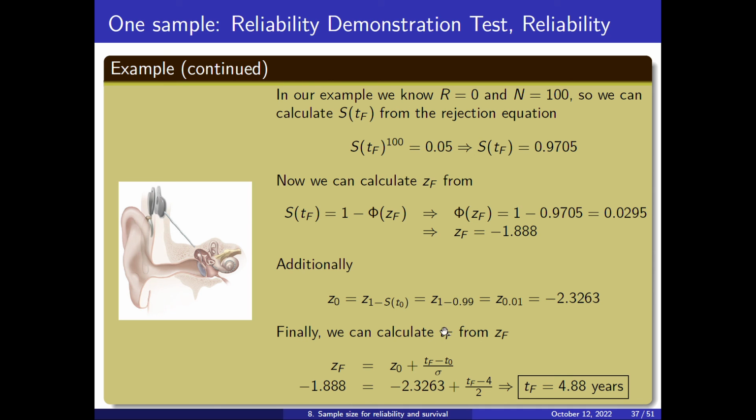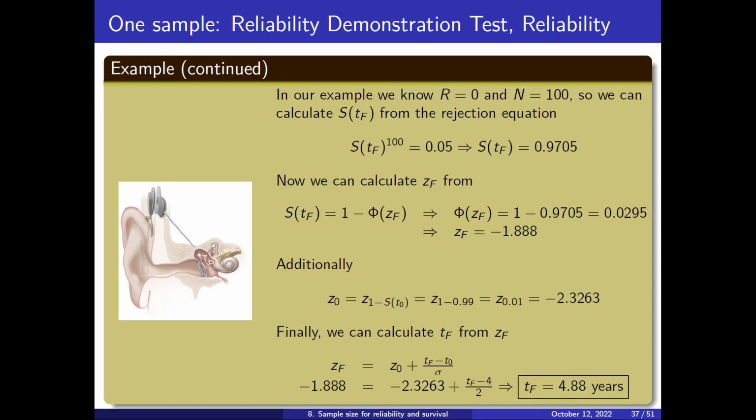And then we can calculate TF. So we know what is CF, what is C0. We know the relationship between CF, C0, TF, and T0, and then we can solve for TF. So TF is 4.88 years. So we have to track them for almost 5 years, and we cannot see any single break.